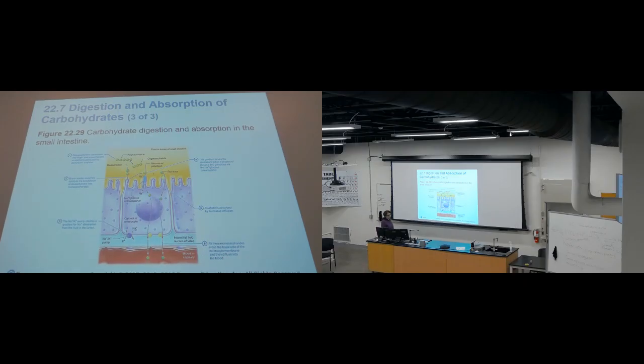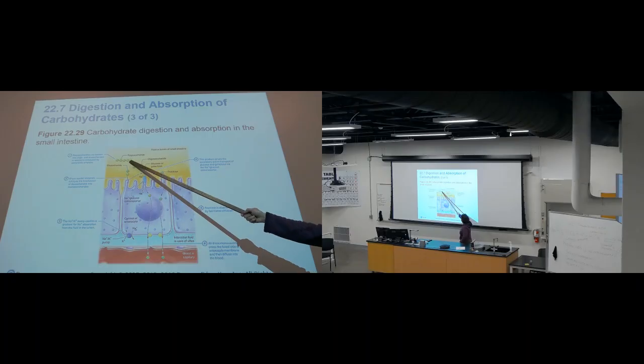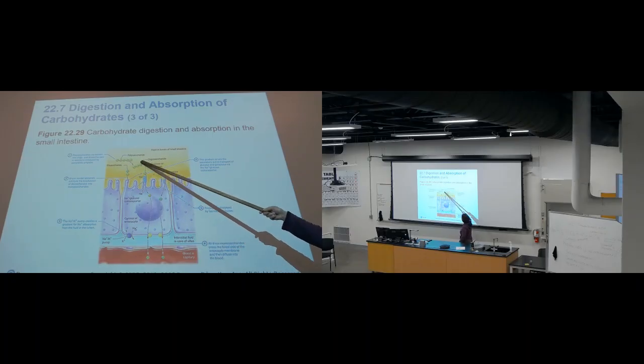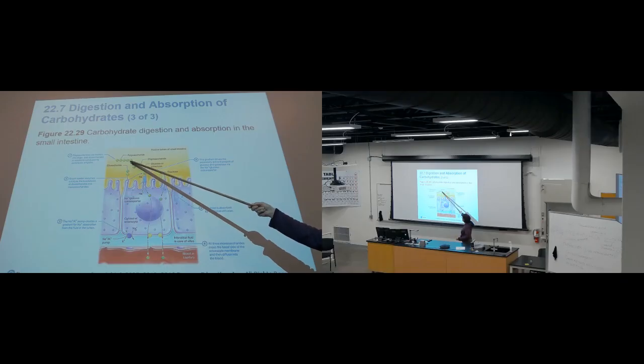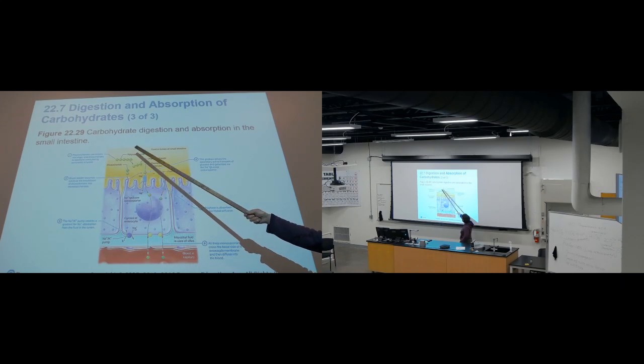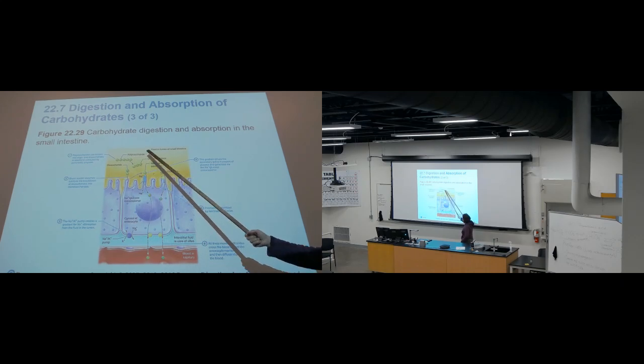So, we have an example of carbohydrate digestion in here. You have a polysaccharide, like a long polymer with different molecules of carbohydrates. Can be glucose, can be lactose, can be sucrose.